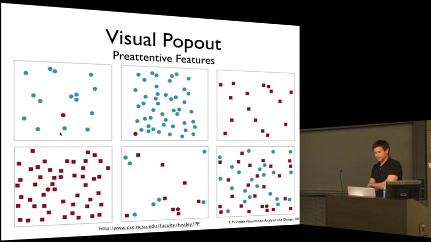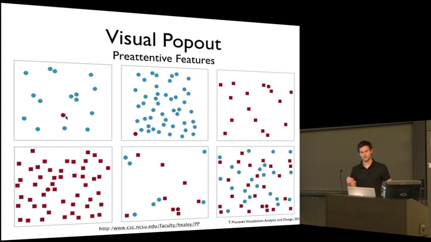Okay, so there are so-called pre-attentive features. If you want to make something pop out from your visualization, then you can use these visual channels and create these visual pop-outs. For instance, if we have color, then we just need to change the color to make it pop out.